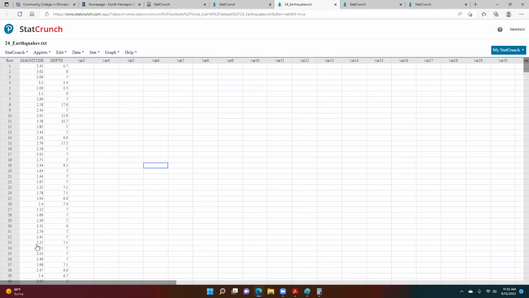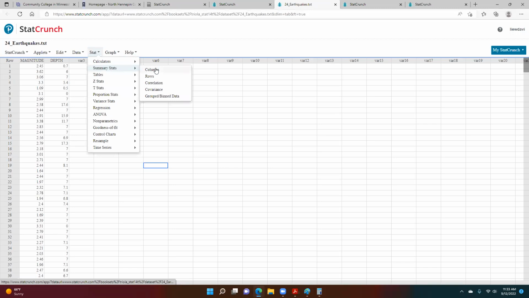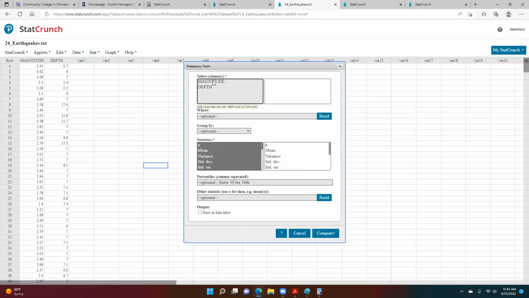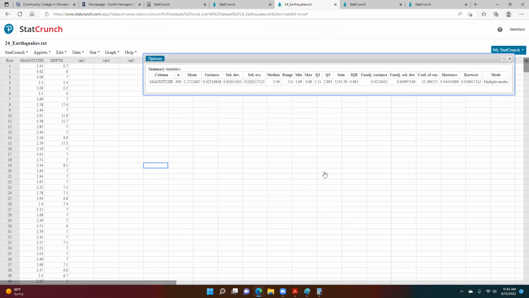Again, class, please use StatCrunch. You don't have time to put all this into your calculators. So go to Stat, go to Summary Stats, go to Columns. Again, we'll only concentrate on magnitude. Then you hit Control A to select everything that we will use here, and then you hit Compute.